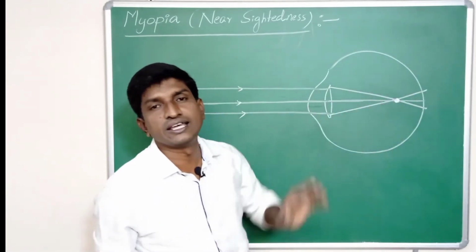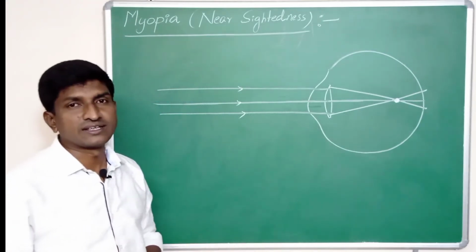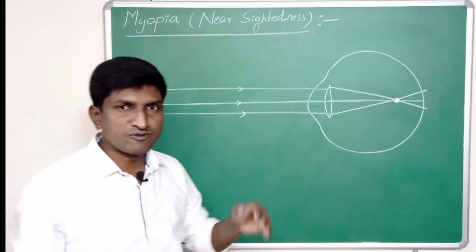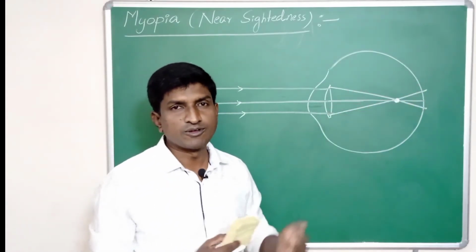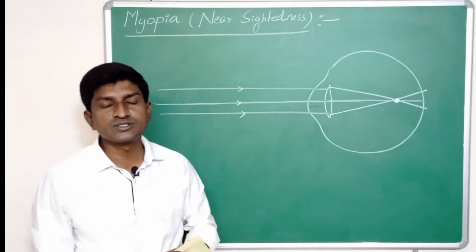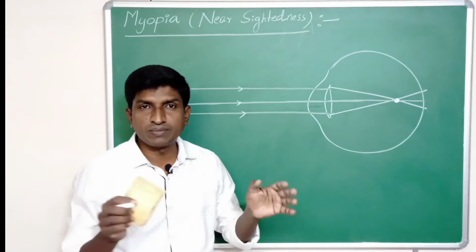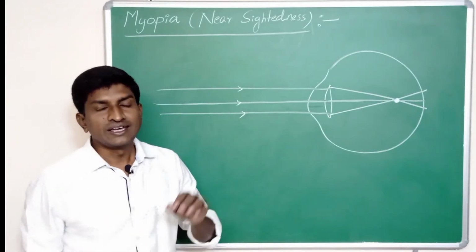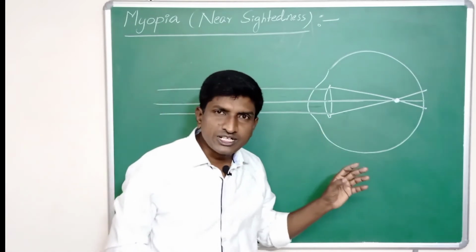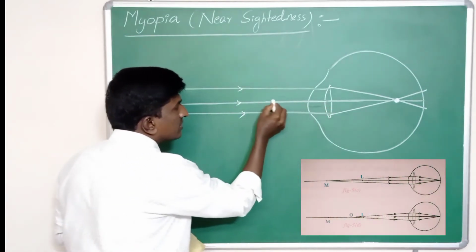He can't see clearly. A healthy person can see objects from 25 centimeters to all distances, from the least distance of distinct vision to infinite distance. But the person having this problem can see objects clearly only up to a certain distance from the eye lens.